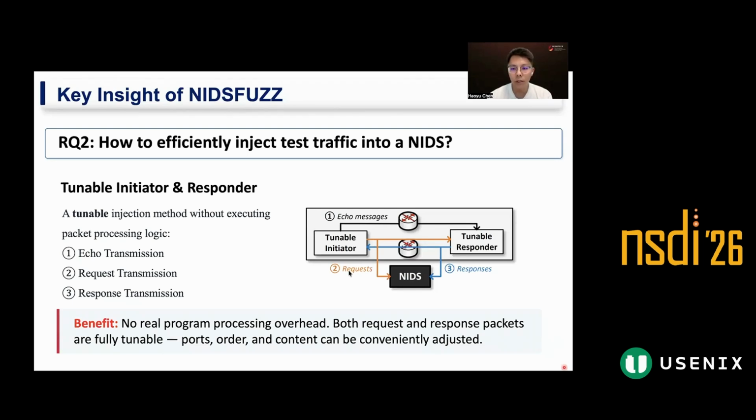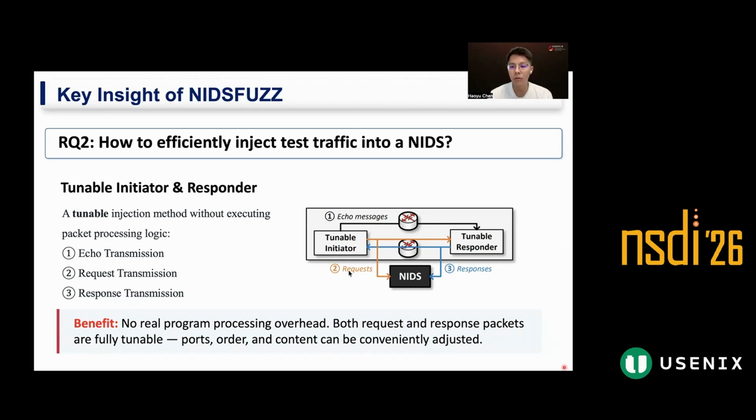And the second question is how to efficiently inject this traffic into an NIDS. NIDS monitors bidirectional communication. It inspects both requests and responses, so we need bilateral injection. A naive solution is to just use real programs as endpoints.